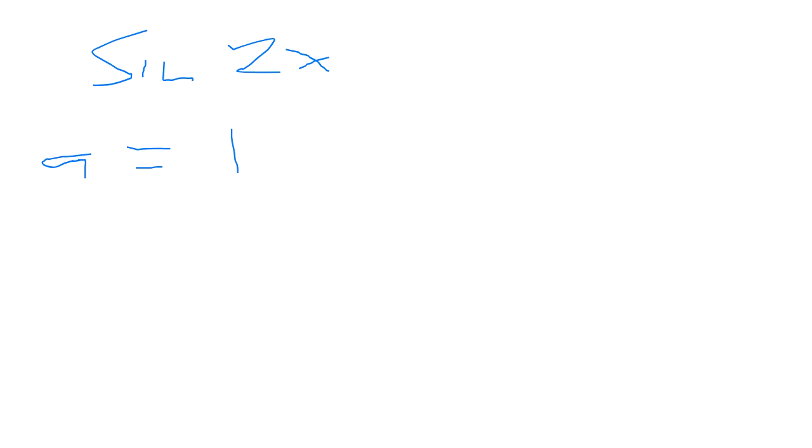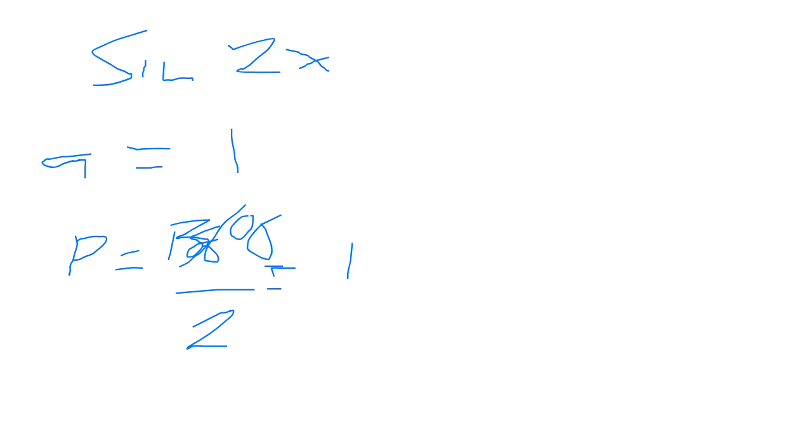Your period is going to be 360 over 2, which is going to be equal to 180. Or your period will be 2 pi over 2, which will be equal to pi.